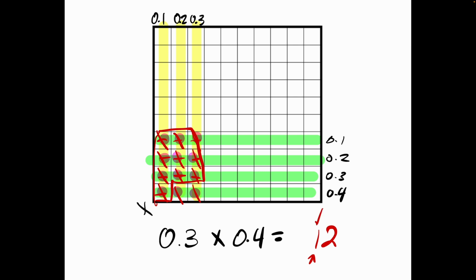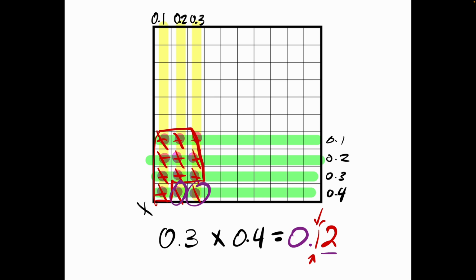And then we have 2 hundredths. And we don't have any holes. So our answer is 0 and 3/10 times 0 and 4/10 equals 12 hundredths or 1/10 and 2 hundredths. Easy peasy, lemon squeezy.